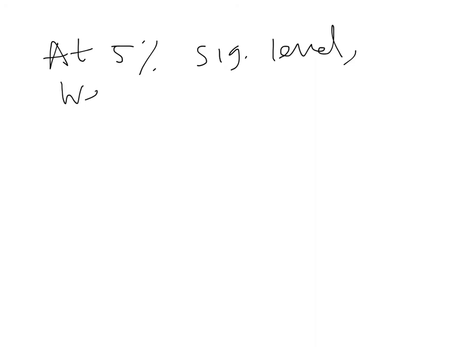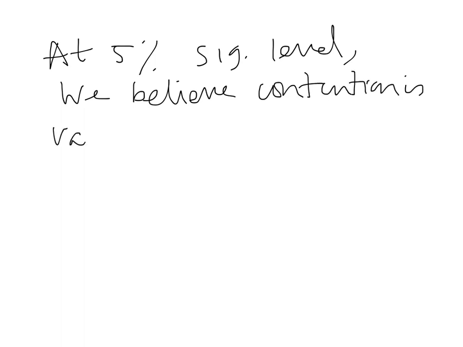So you can write: at the 5% significance level, we believe the contention is valid, because the contention is in your alternative hypothesis, and since you are rejecting the null hypothesis, that means the alternative hypothesis is valid, the contention is valid.